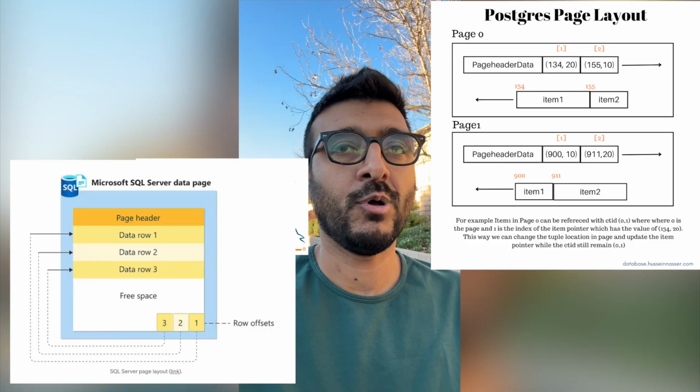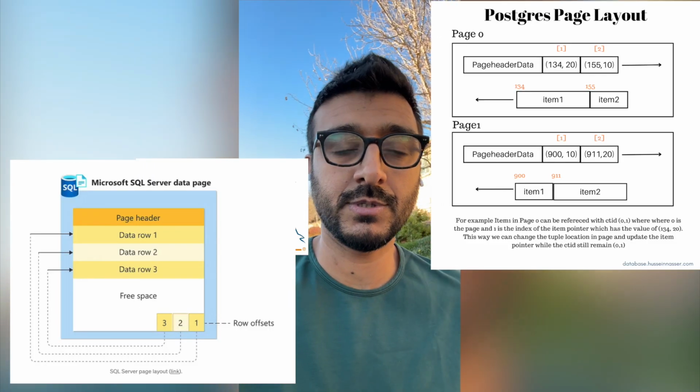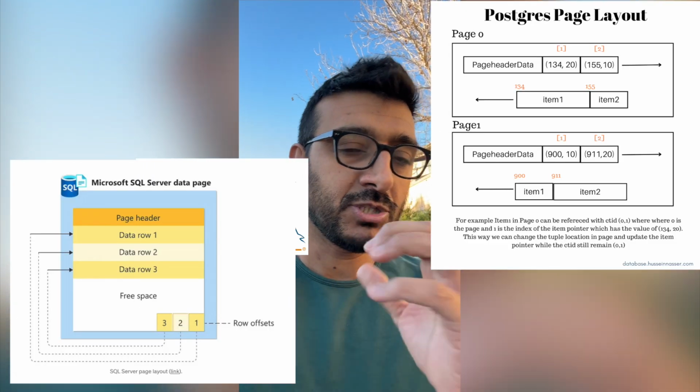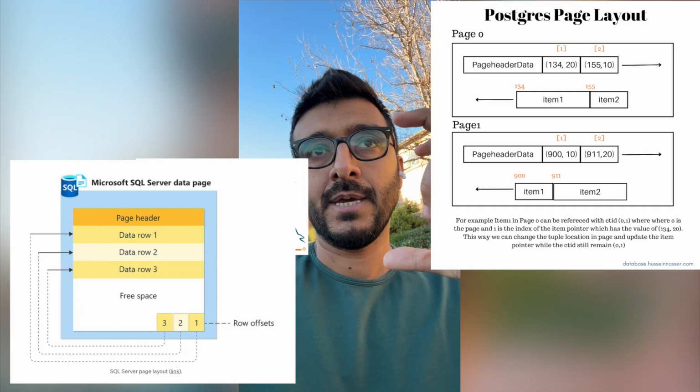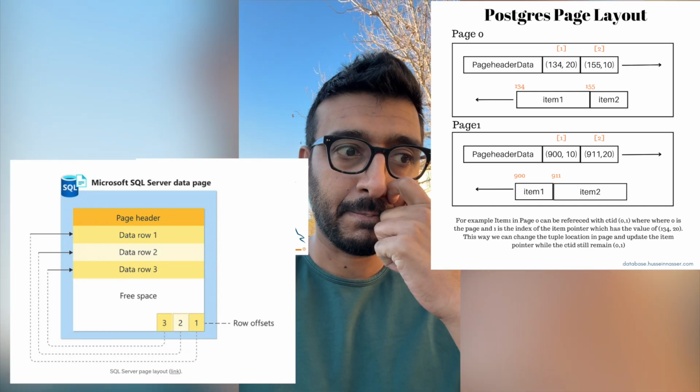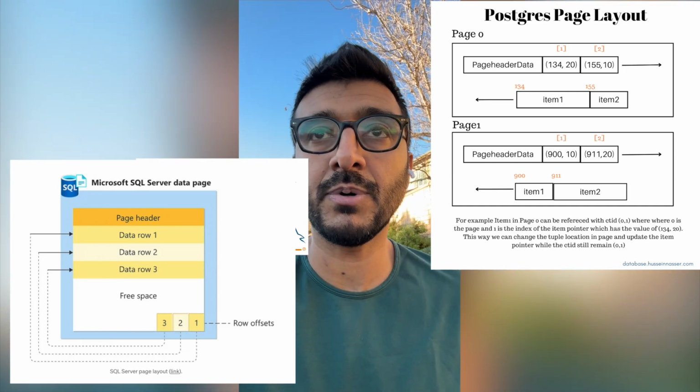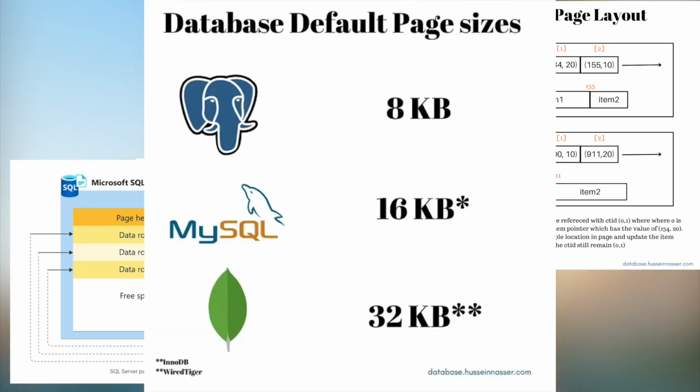Almost all database systems use the concept of pages, which is a fixed size binary area envelope. 8 kilobytes, 16 kilobytes, 32 kilobytes. And then we store the data that we want in these pages. And those pages are just binary bytes. They go to files as bytes.